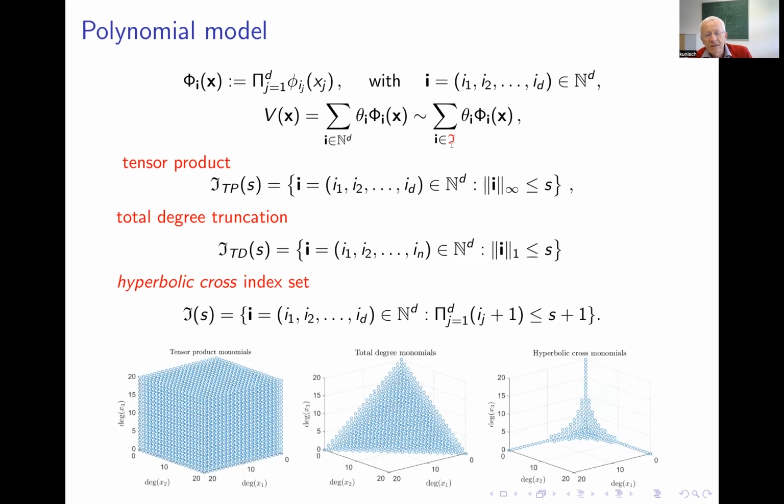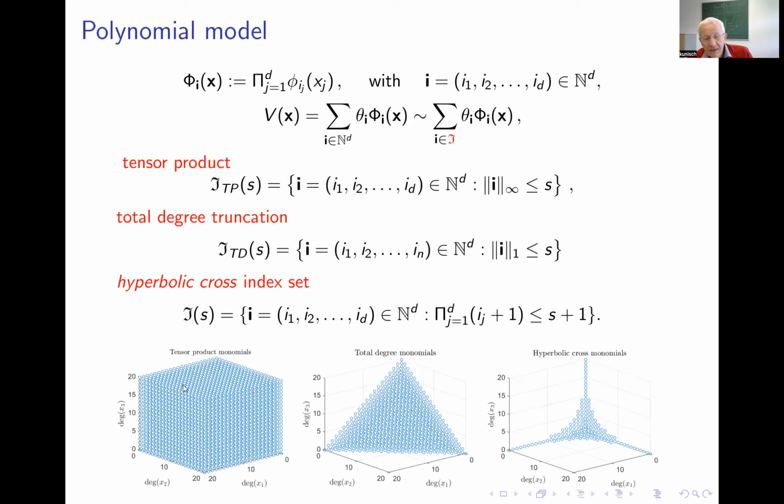The first choice would be that we take all monomials up to a degree S. So if I'm thinking of 2 dimensions, x1 and x2, and S is equal to 2, I take x1 square, I take x2 square, I take x1 times x2, but I also take x1 square x2, because the maximal degree is 2. Or I say the total degree, I sum all the exponents.